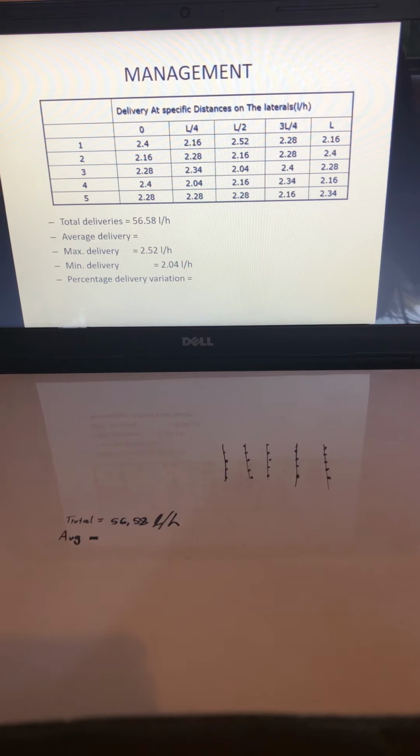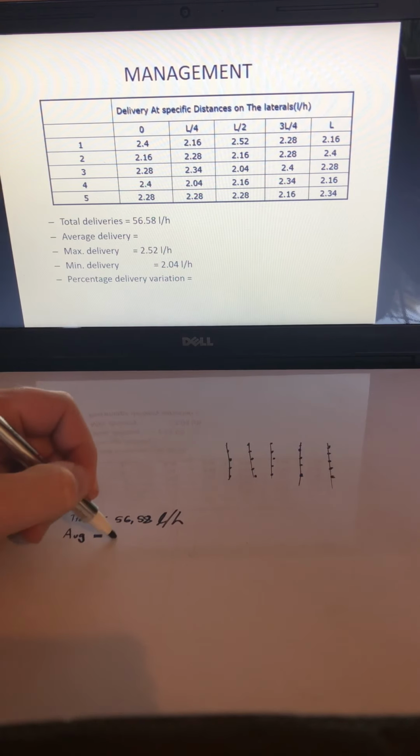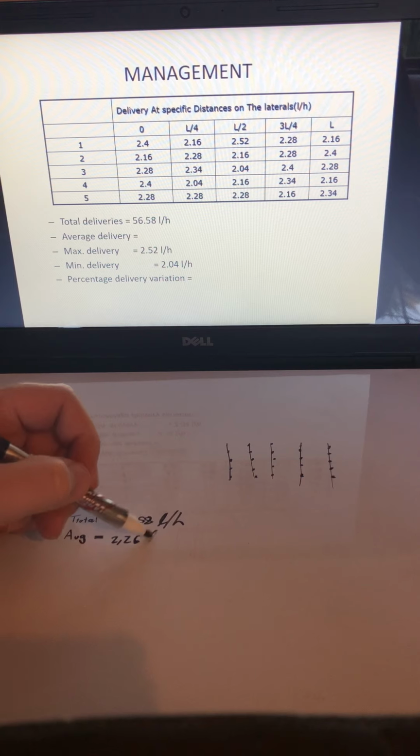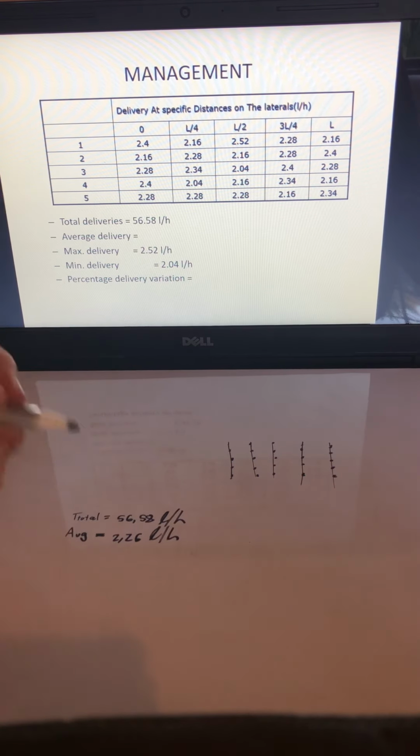So for all 25 of these emitters, we want to get an average for the rate at which the water is leaving the emitter. So we'll take that 56.58 divided by 25, so that's the 25 emitters, and then we have 2.26 liters per hour as our average.